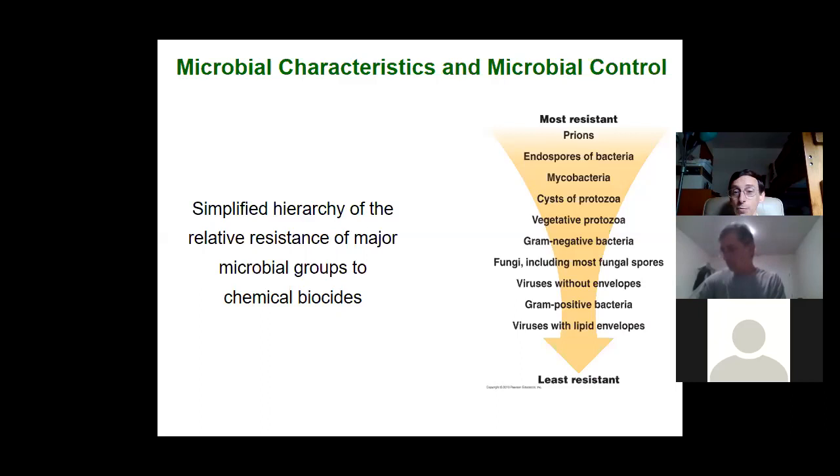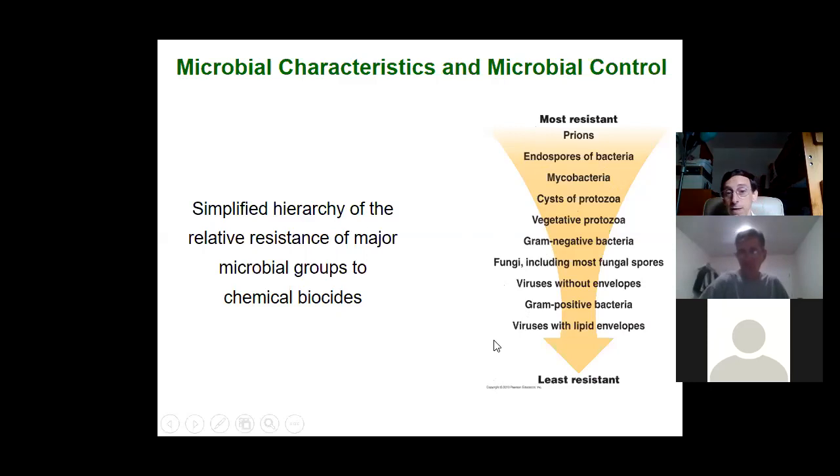Do you see my point? So this is in general, but specific agents which are not very good can kill mycobacteria, like ethanol. Okay? So when we're talking about things in general, we can put the most resistant things on the top and the least resistant things on the bottom.